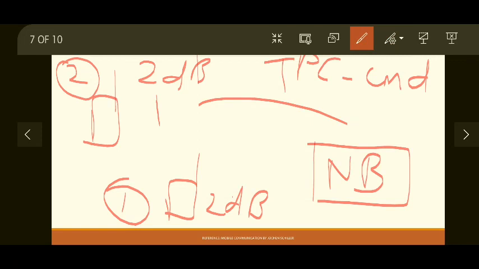The first user should be indicated not to increase its transmission power, so it will be sent a bit 0. So the TPC command will transmit either 1 or 0 in order to indicate whether to increase or decrease the transmission signal level, to avoid the near far effect.